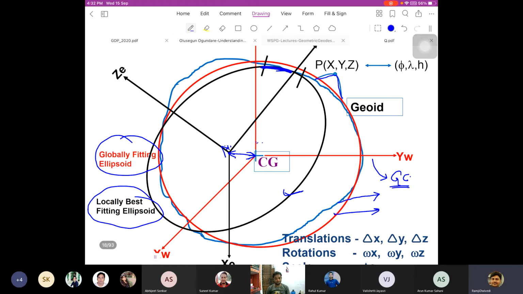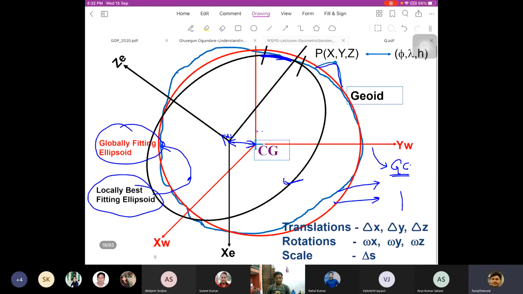Coordinates in a local ellipsoid can be easily converted to the global ellipsoid with the help of these factors: translation, rotations, and scale.